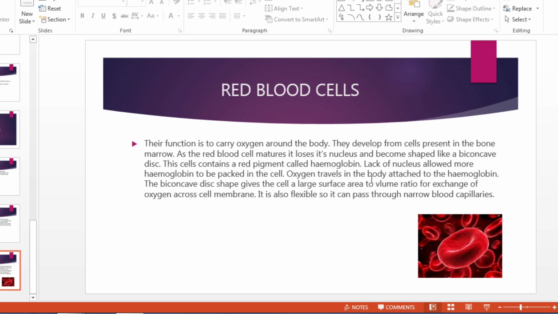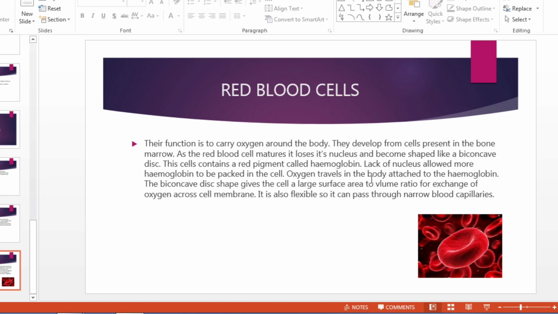The large surface area also allows a high rate of exchange of oxygen across the cell membrane. The red blood cells are also flexible, so they can pass through narrow blood capillaries easily without getting stuck.